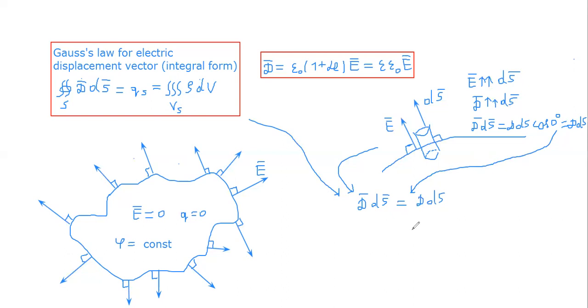It may be simply rewritten without vectors, and this is equal to Q, the free charge inside the cylinder. This free charge is equal to the surface charge density sigma multiplied by ds.